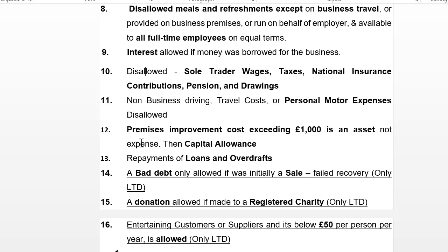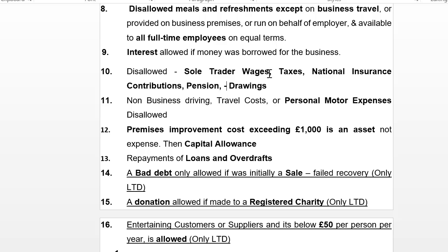Now, number 10, sole trader wages are disallowed. Taxes, national insurance contributions, pay, pensions, etc. And all these should be regarded as drawings. They are disallowed for tax purposes. Instead, what the sole trader takes from the business is the surplus that remains after paying taxes, because the business generates a profit.